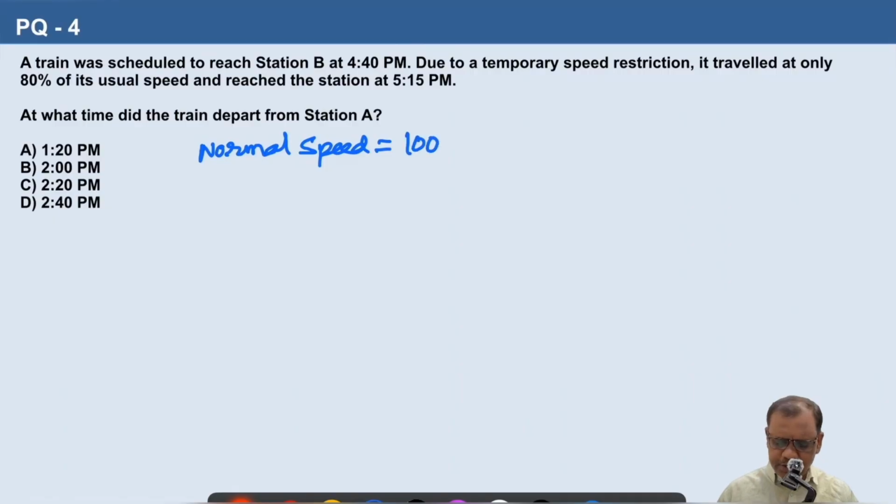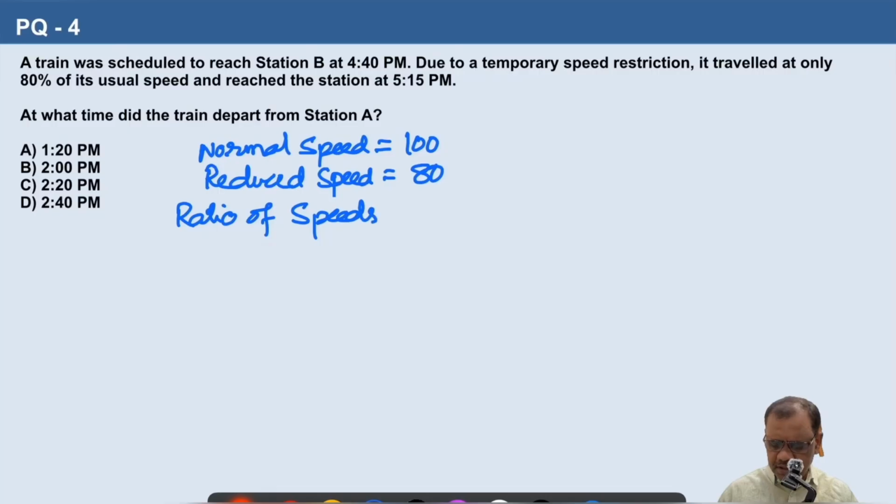Then the reduced speed is 80% of it. So that is 80. Let us find out the ratio of speeds. 100 is to 80, which is 5 is to 4.